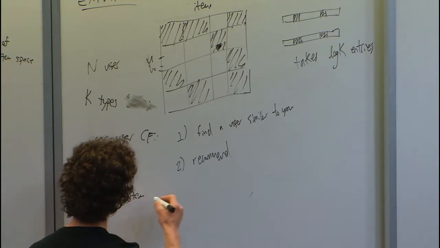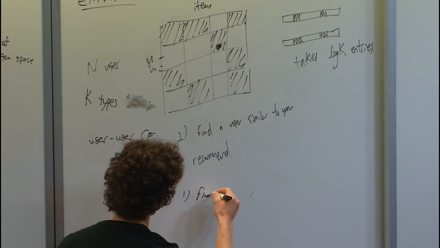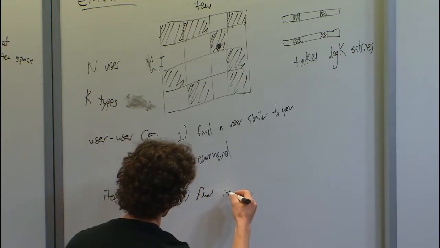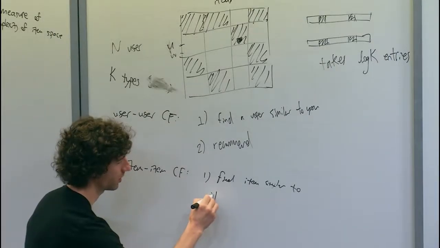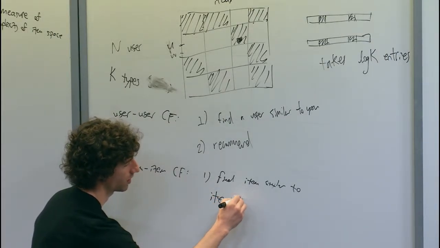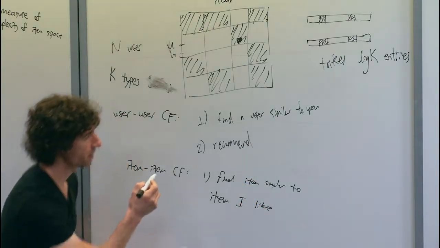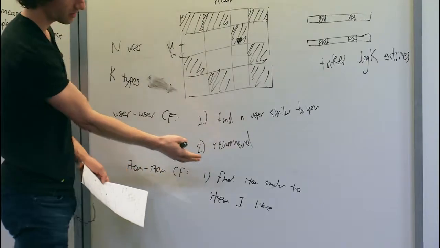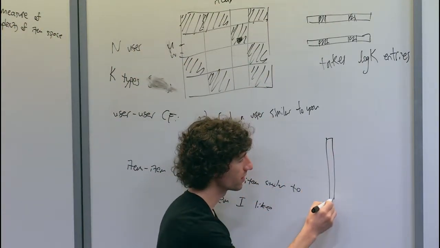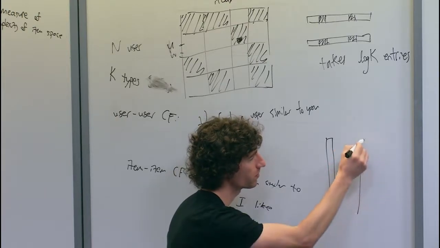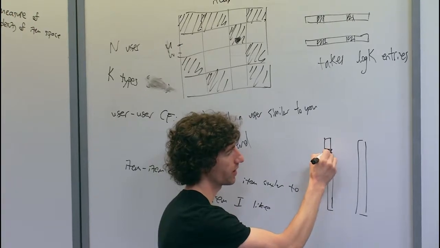Okay, so item collaborative filtering. Find an item similar to an item I like, and you recommend it. The basic thing that one does here is the similarity between items, and this is sort of the punchline of the whole thing, the whole paper and the whole result, is that it's actually pretty easy to compare two items.